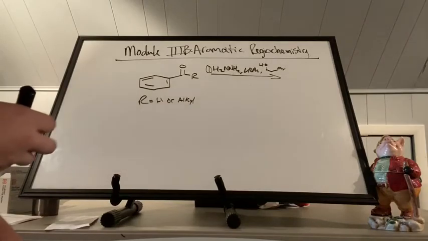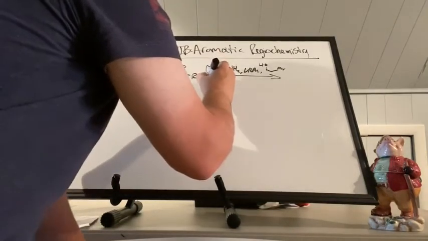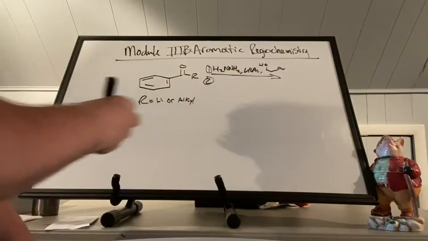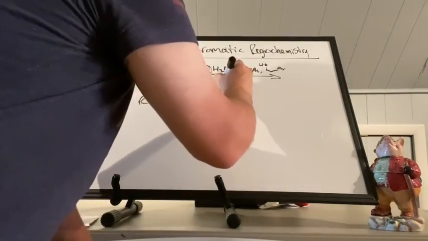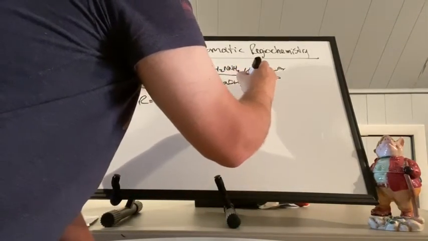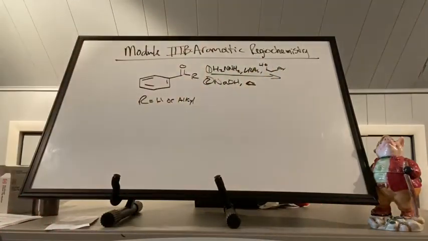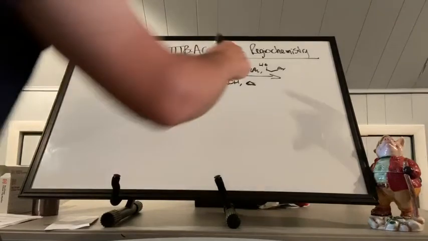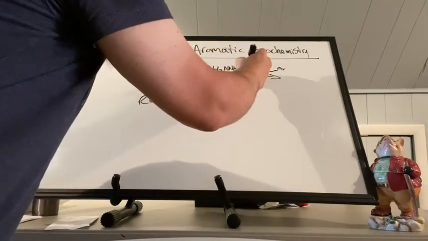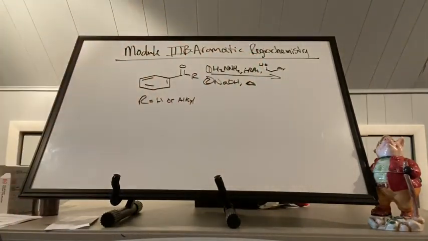And then for the second step, you use NaOH in high heat. Remember that triangle is just to denote that heat's been applied. Again, that's acetic acid.